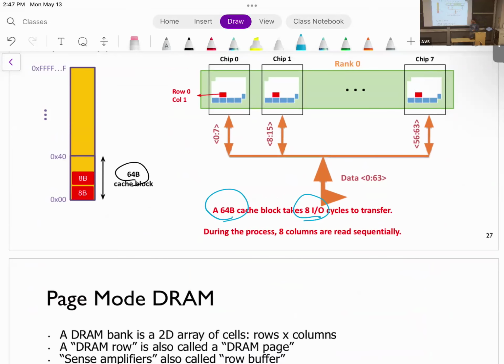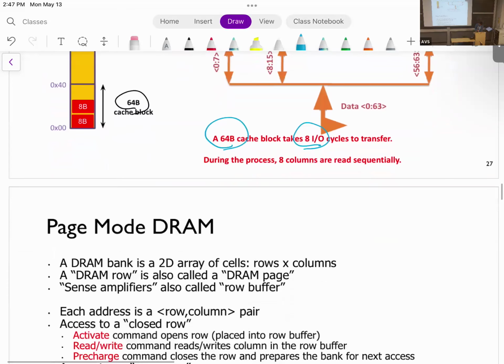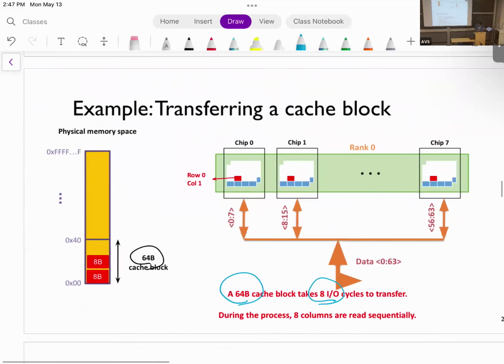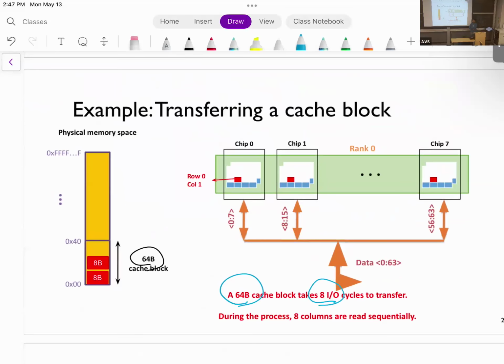Any 64 bytes, in other words, are 8 consecutive IO transfers from the main memory to your cache. Just keep that in mind. All right, any questions so far?